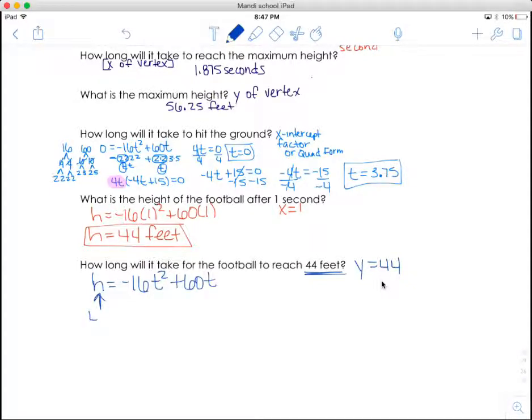We know this is 44. This means we would have to factor it again. We've already factored it, so we're going to have 44 equals 4t, parentheses, negative 4t plus 15.